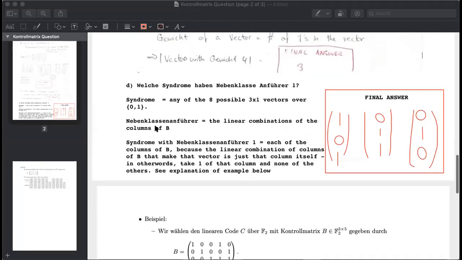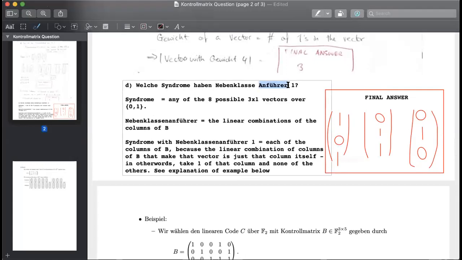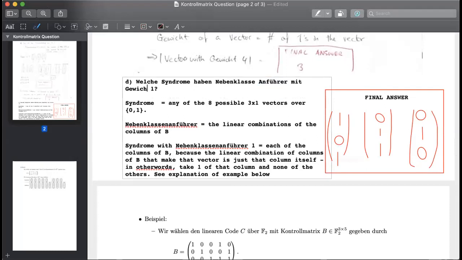So the question is asking which syndromes have a Nebenklassenanführer with a linear combination of 1.